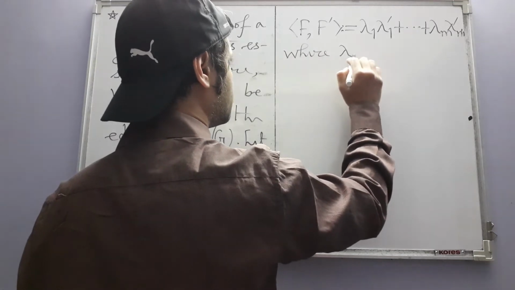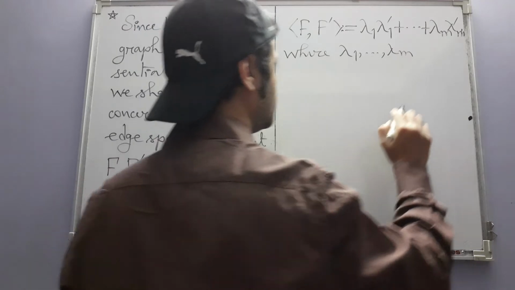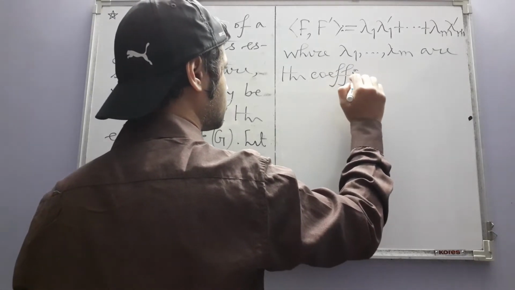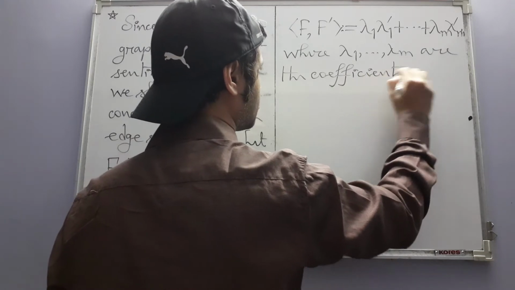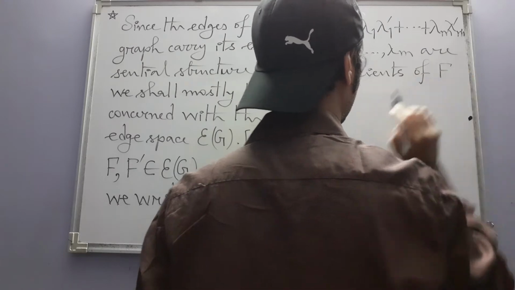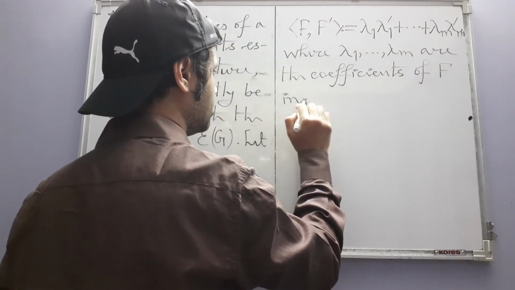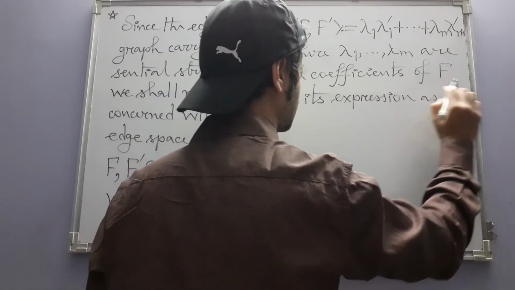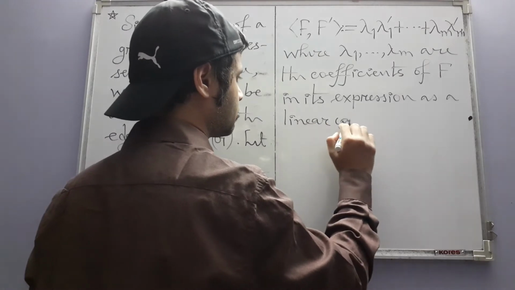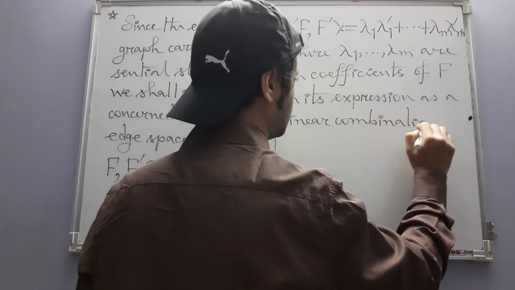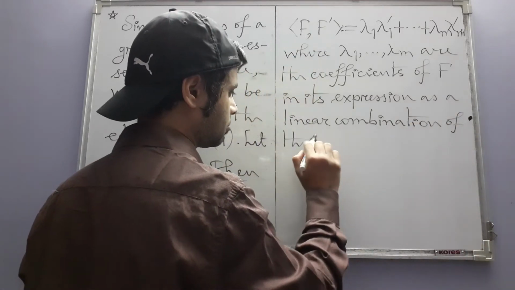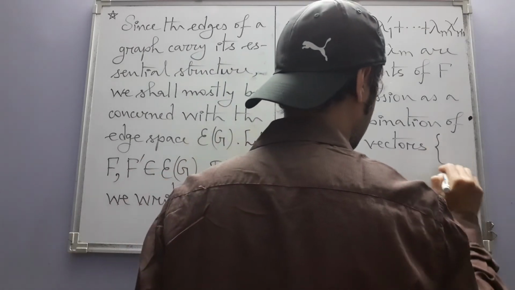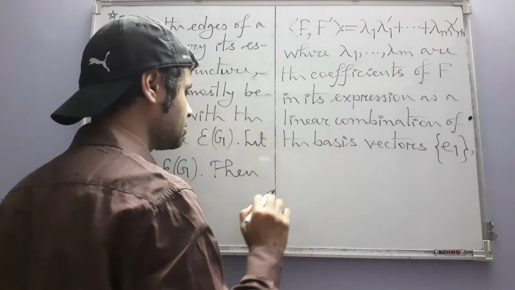Where these are the coefficients of f in its expression as a linear combination of the basis vectors, that is, basis vectors coming from our standard basis.